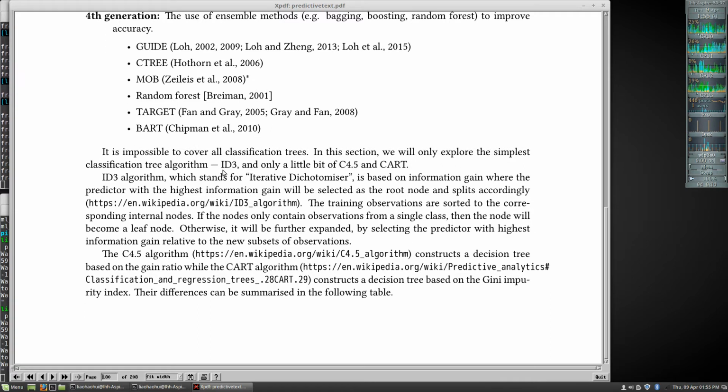Basically this topic only touches very little on ID3, and even less on others. C4.5, if you recall from the previous videos, is more or less replaced by a commercial version, C5.0. In R there is an implementation, C50.